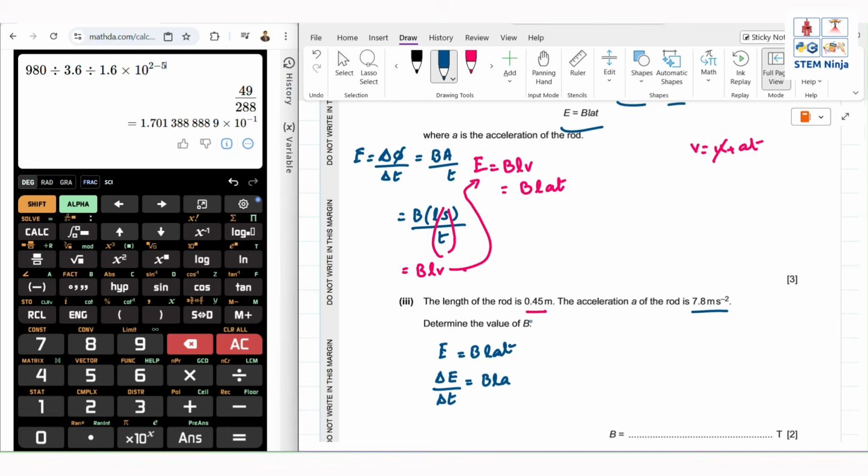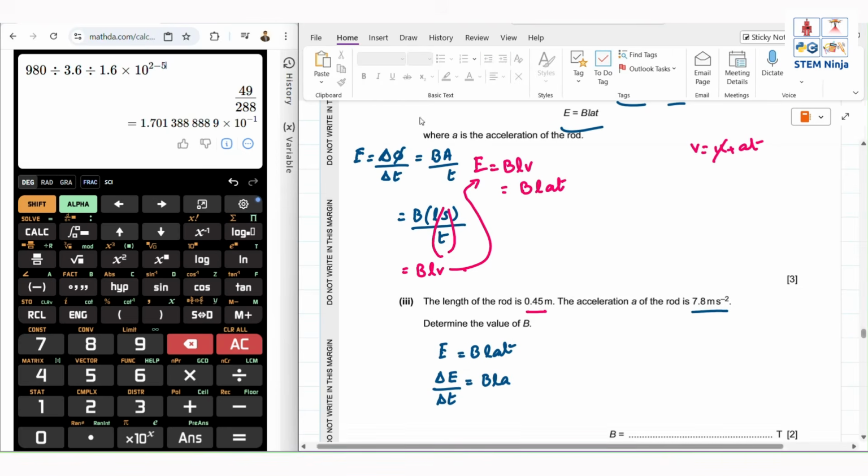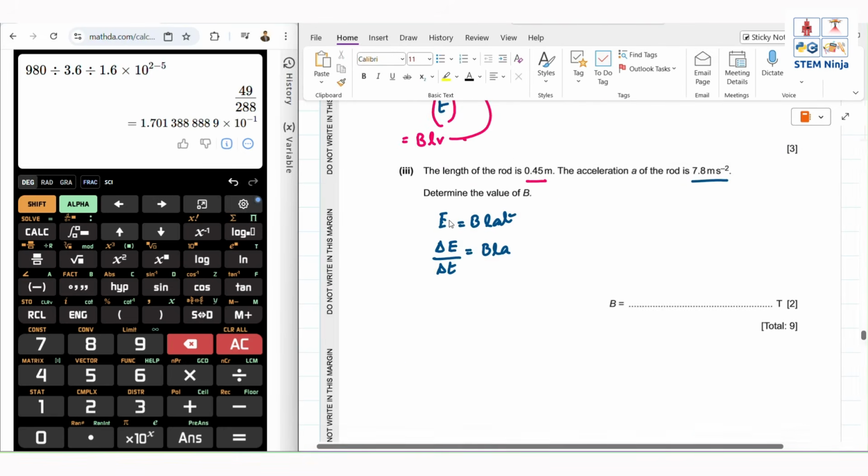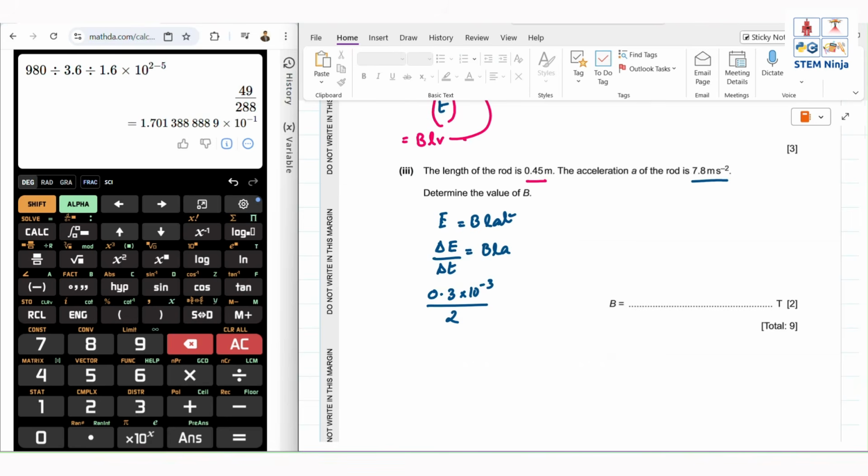Delta E over delta T will come from the graph: 0.3 millivolts in 2 seconds. So 0.3 times 10 raised to the power minus 3, divided by 2.